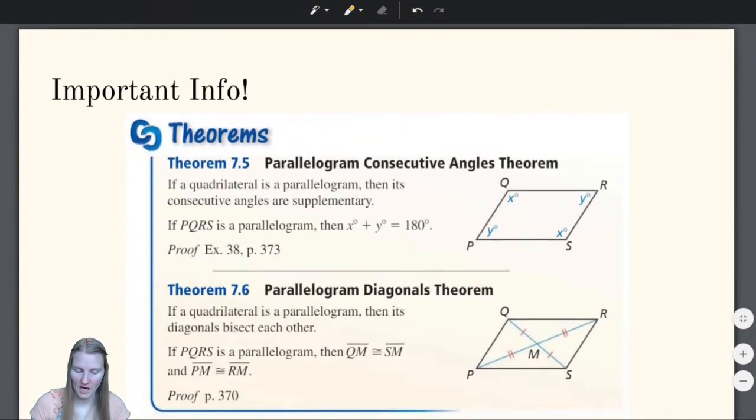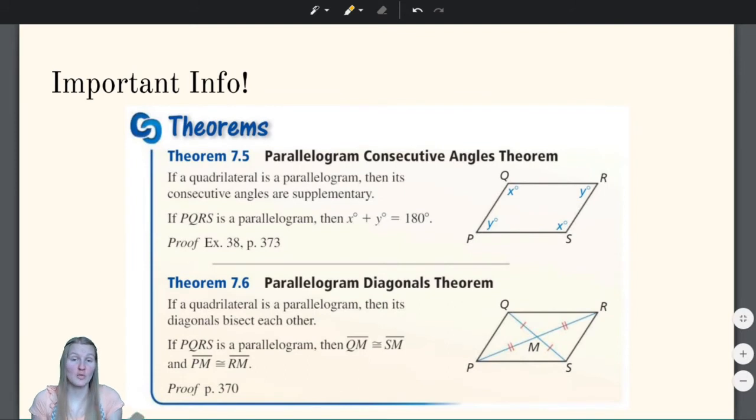Let's move on to a couple more theorems, a few more properties of parallelograms. So, we have the parallelogram consecutive angles theorem. Before we looked at the opposite angles theorem, now we're looking at the consecutive angles theorem. Consecutive, remember, means one right after the other.